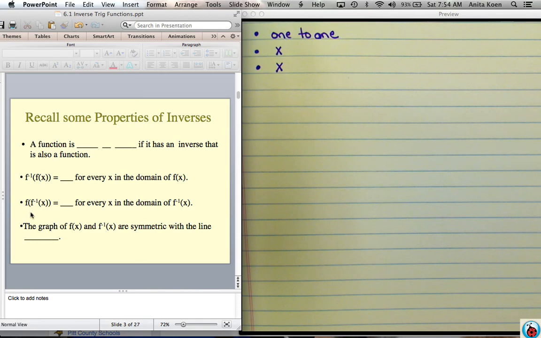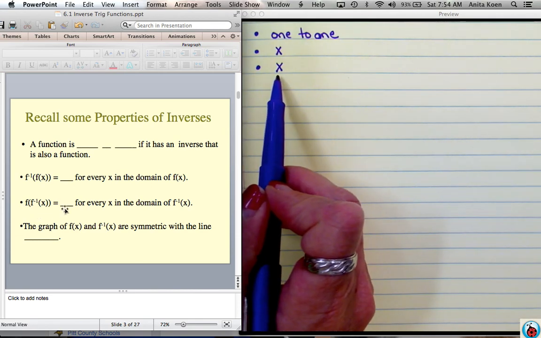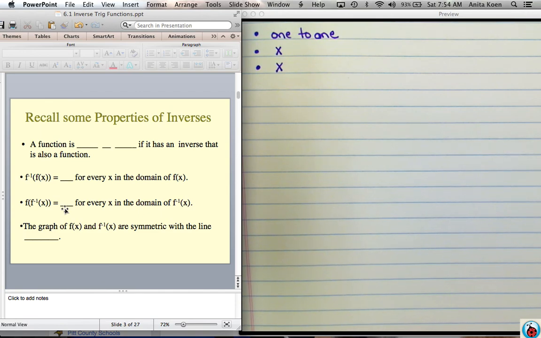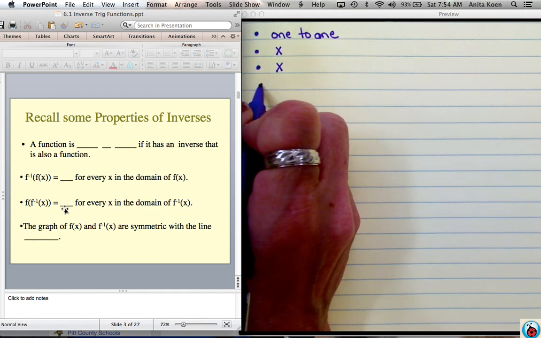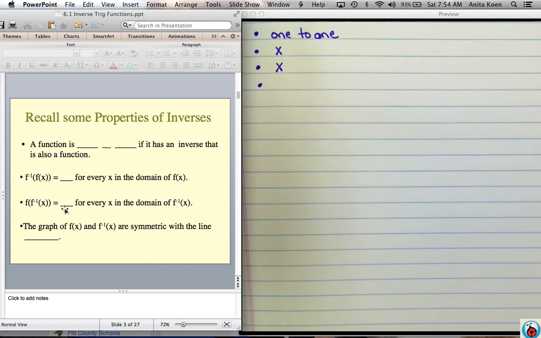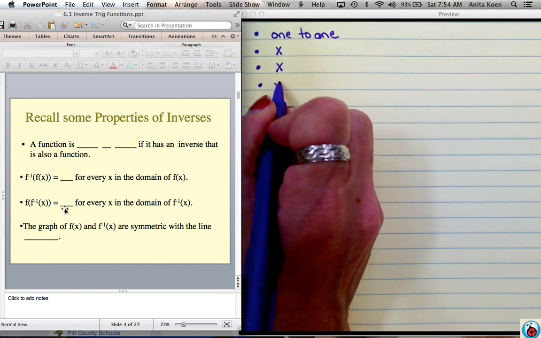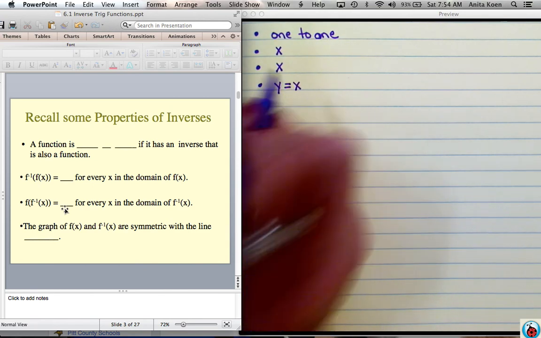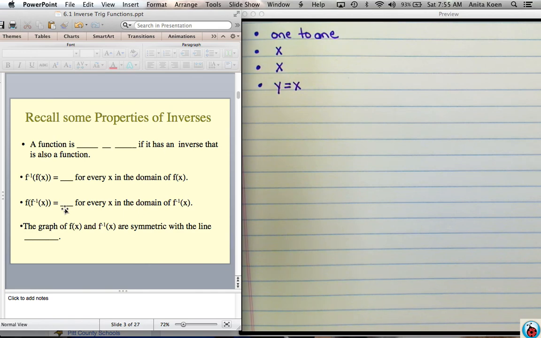When that function is applied to it, the output is the same thing that I started with, x. And the last bullet, the graph of f of x and f inverse of x are symmetric with the line y equals x. If any of these points are not clear to you, please go back to the video that Patrick JMT did on inverse functions, the basics, and look at that again.